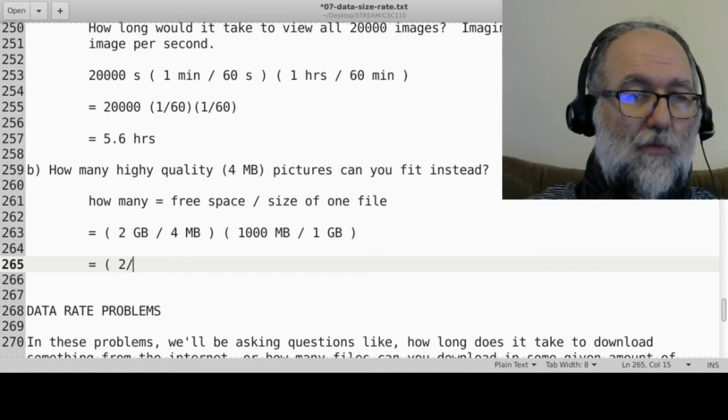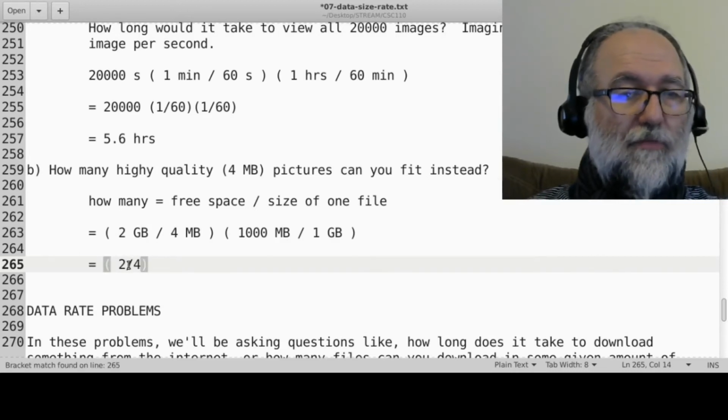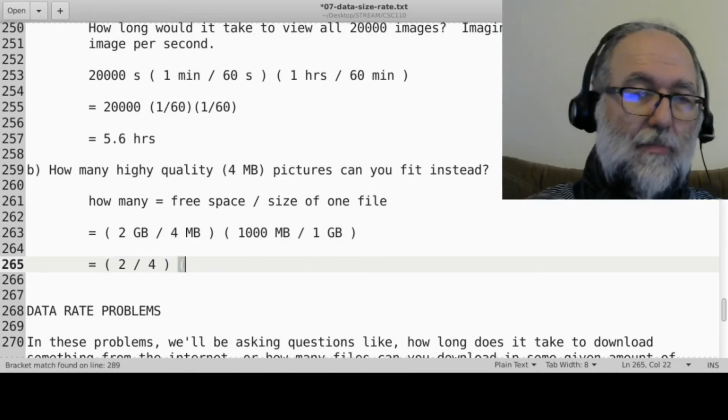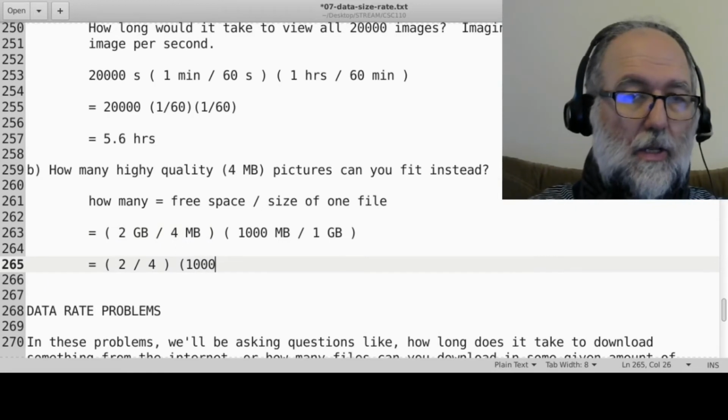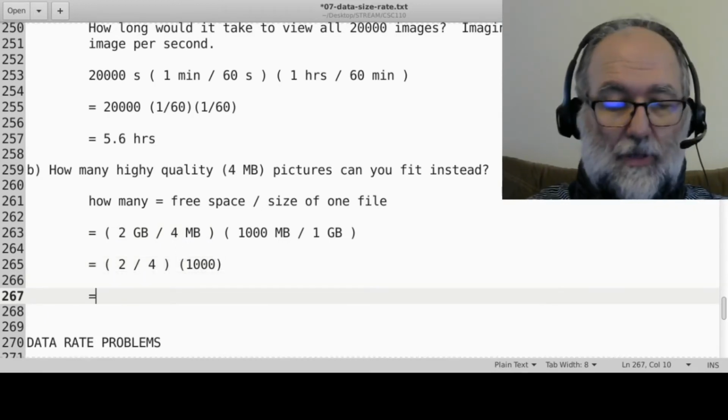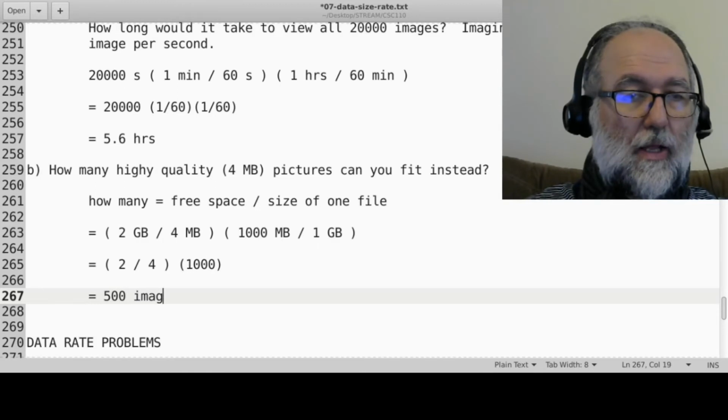So you get 2 divided by 4 from the first fraction, and from the second fraction you just get 1,000, and so that's half of 1,000 or 500 images.